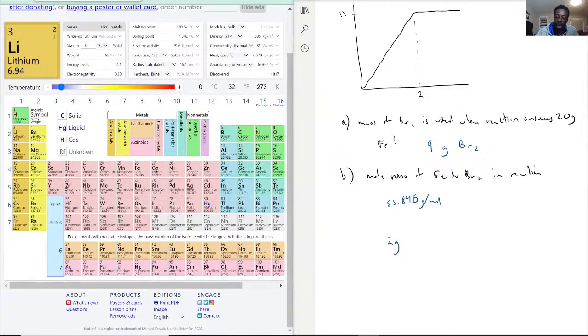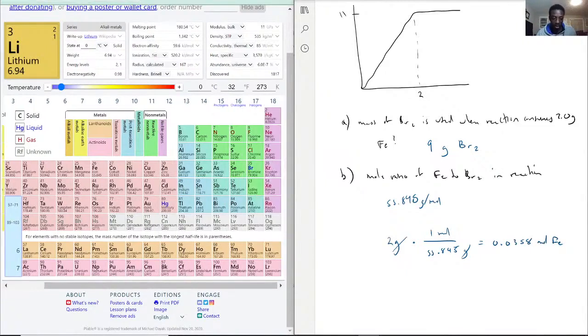To get rid of the grams, we need to divide. So 1 mole is equal to 55.845 grams, and what we're dealing with is just 0.0358 moles of iron.